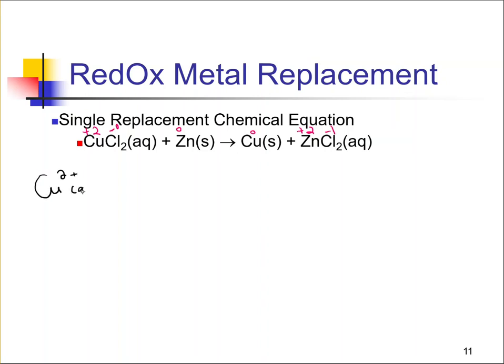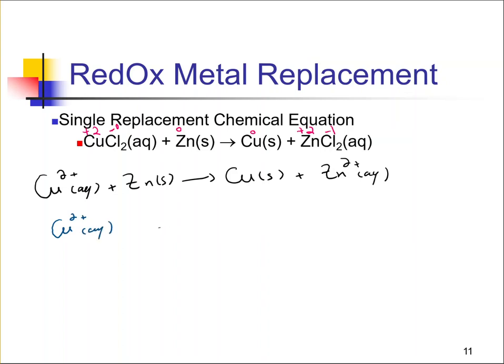So copper 2 plus zinc gives copper plus zinc 2. Now here, copper is going from +2 to 0, meaning that it's gaining electrons. So this is our reduction half reaction.